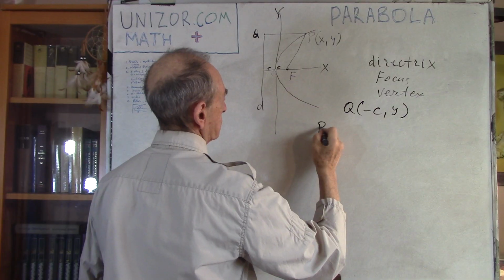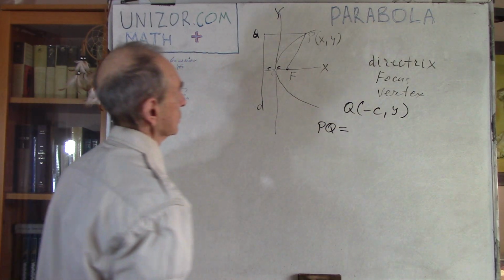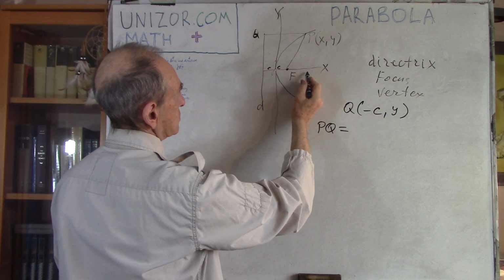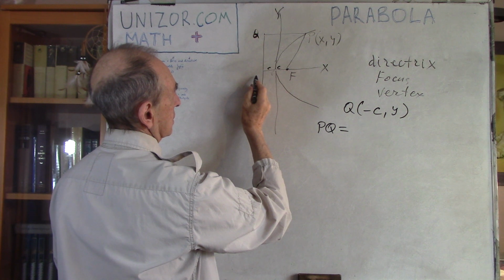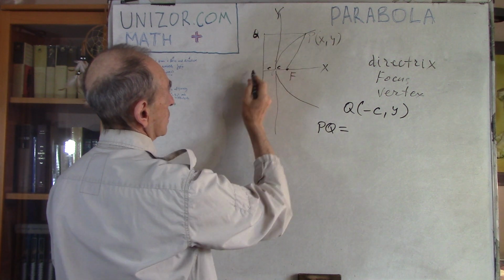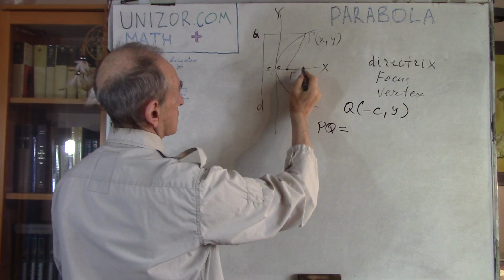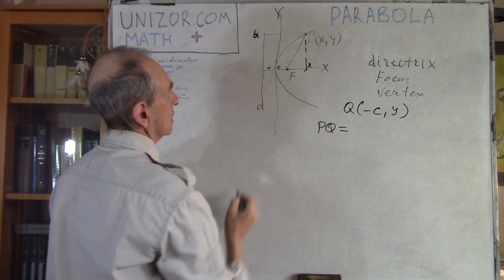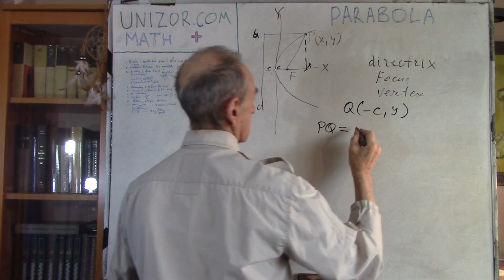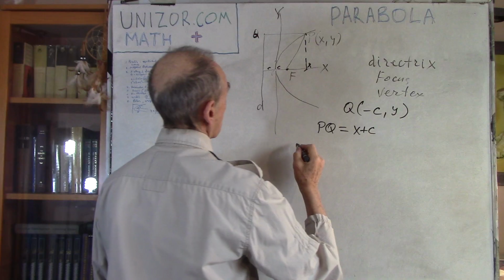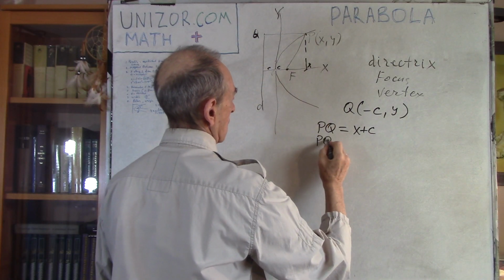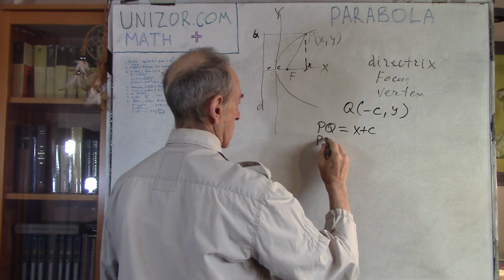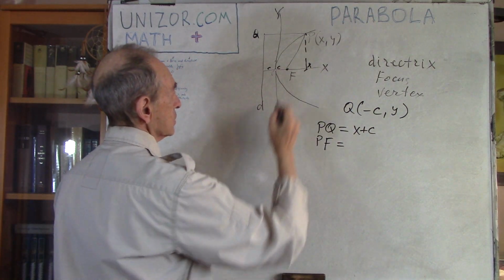So PQ is equal to what? Since it's parallel to the x-axis, it's the difference between the x coordinate of P and the x coordinate of Q. P has x coordinate x, and Q has minus c, so it's x plus c. Now PF. What are the coordinates of F?